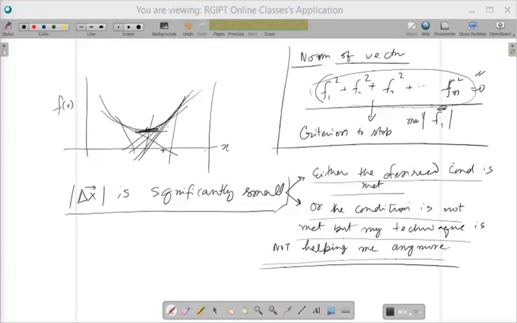If you look at the maximum value among f1, f2, f3 and that is equal to zero or close to the tolerance limit, you can stop. So you compare all the f1, f2, f3, f4, whichever is the maximum, to your tolerance limit. If that is achieved, you stop. That's another measure of the magnitude of a vector.